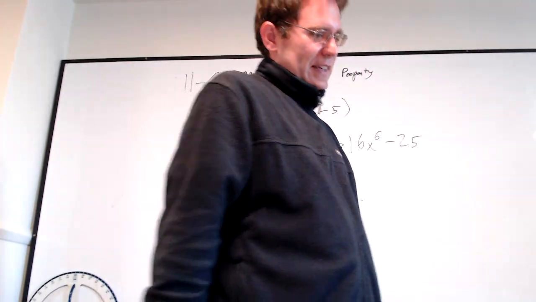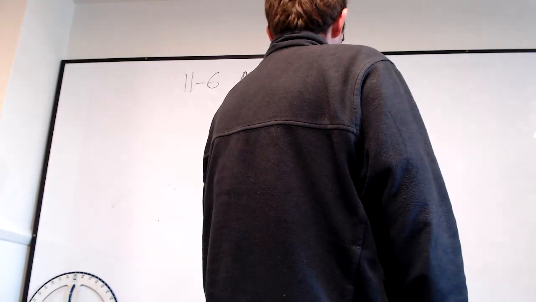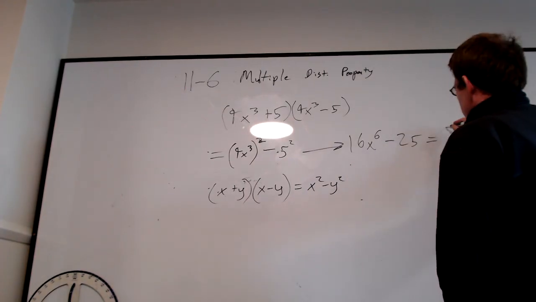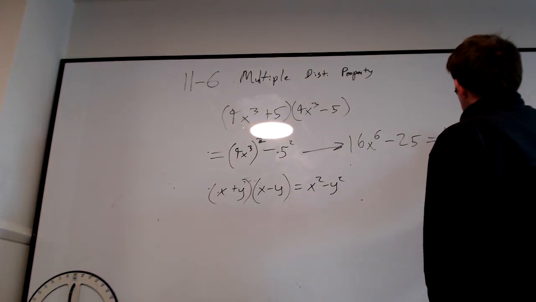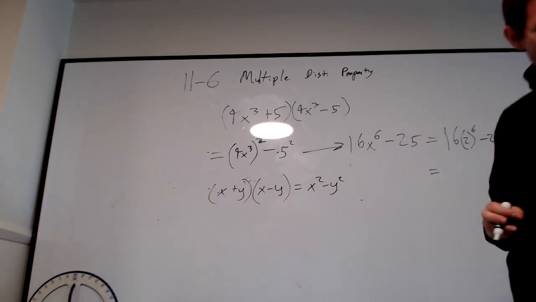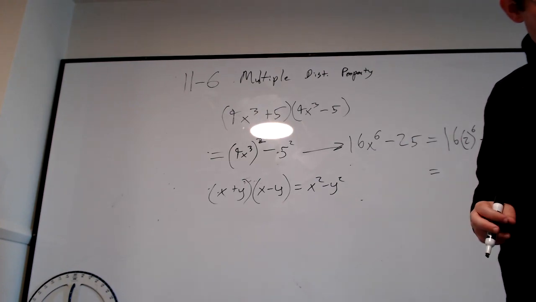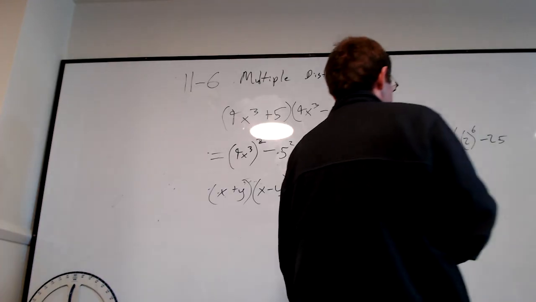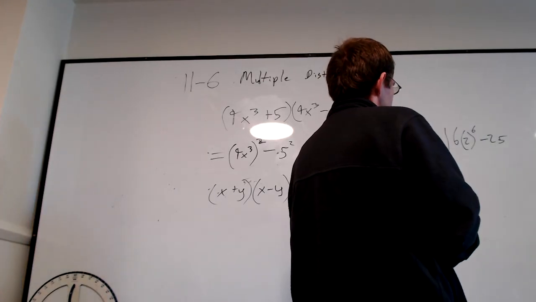So let's check this. One way we could check it is let x equal 2. So we would have 16 times 2 to the 6th minus 25 equals some number. 2 to the 6 is 64.